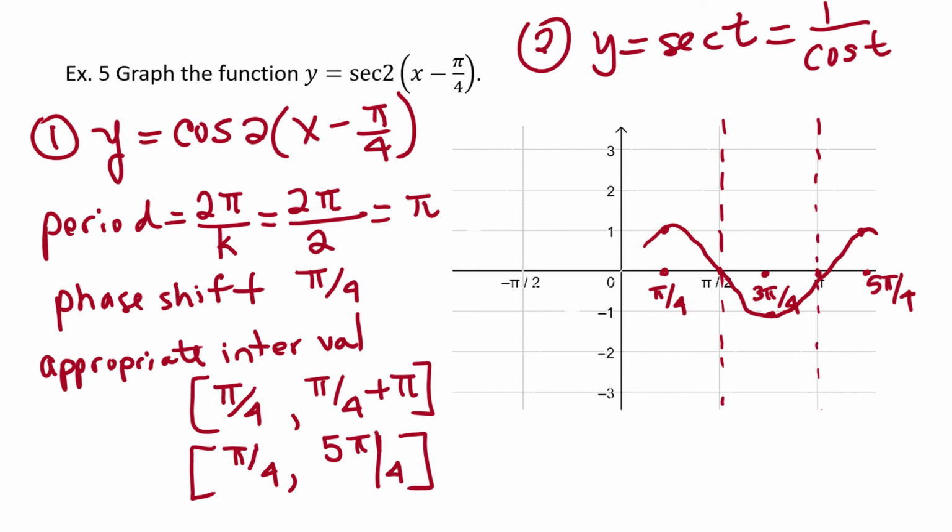And then we can sketch the reciprocal portions using the asymptotes and the cosine function graph as guides. So we'll draw secant, then secant, secant, and secant. Again, let me remind you, the cosine portion nor the vertical asymptotes are part of the secant graph. Those are the guidelines we need in order to be able to graph the reciprocal functions.